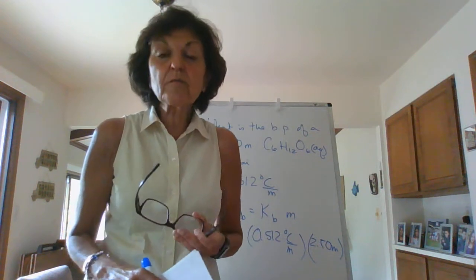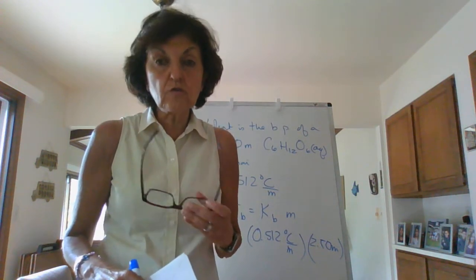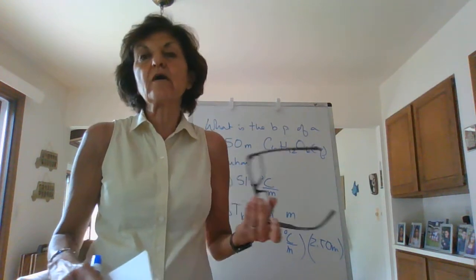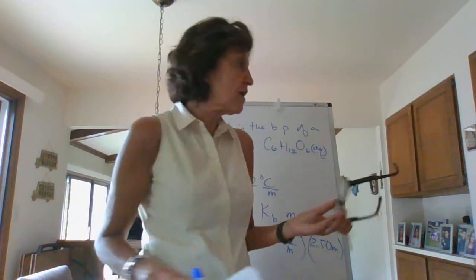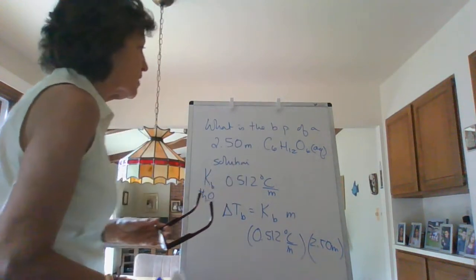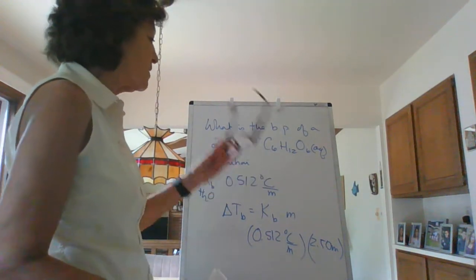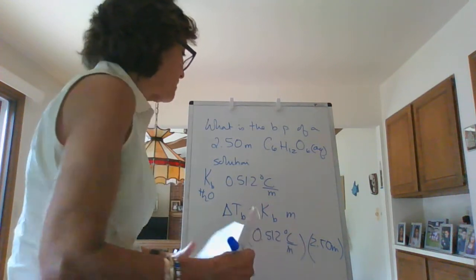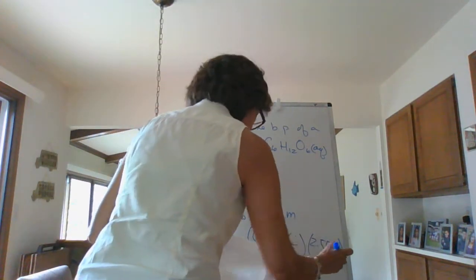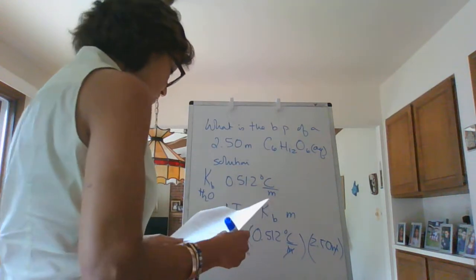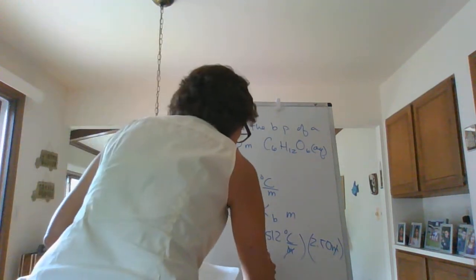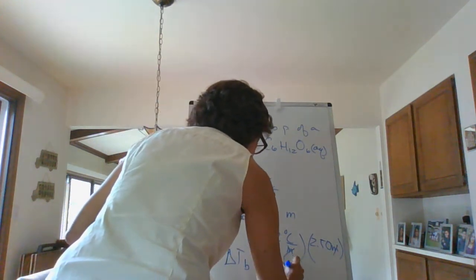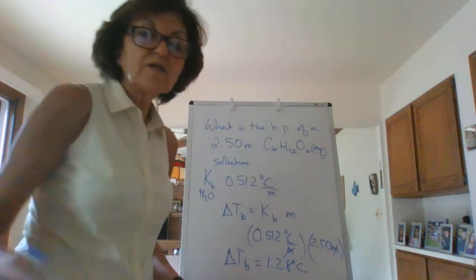We only care about the identity of the solute if it's an electrolyte, and that way we need to figure out how many ions we're dealing with. But right now, this is a non-electrolyte, so we don't use the i. So all you do is take your 0.512, multiply it by 2.5, and your answer is 1.28. So delta TB is 1.28 degrees Celsius. So what is that telling us?